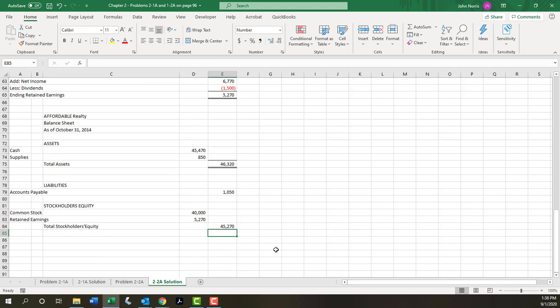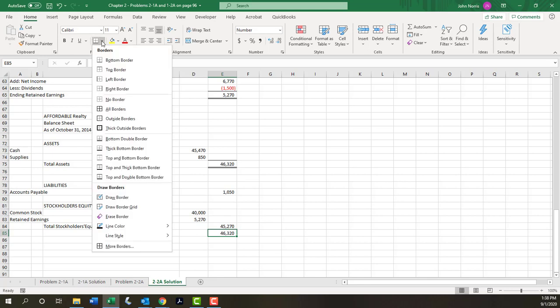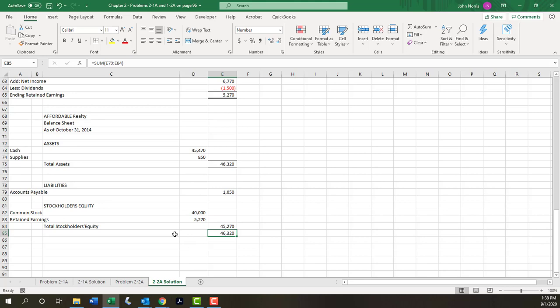And total liabilities and stockholders' equity of the same $46,320.